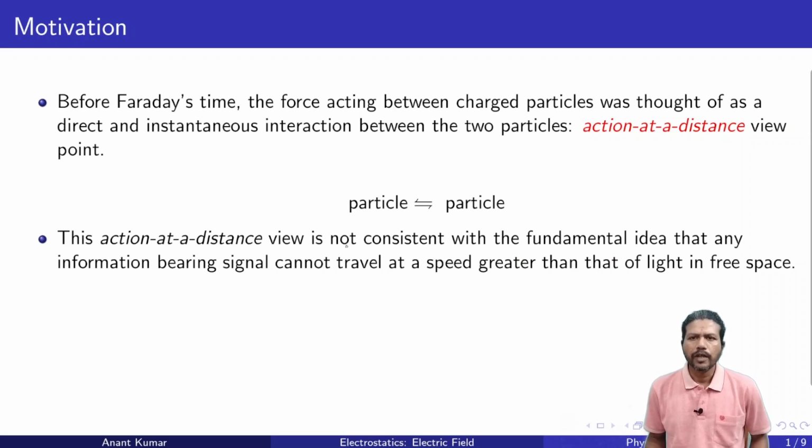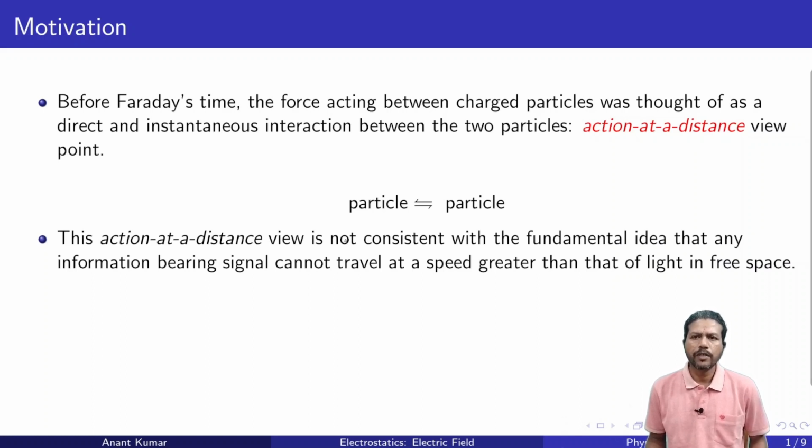Let's take an example with gravitation. Suppose, for example, that the sun vanishes. We know that the earth moves around the sun because of the gravitational force providing the necessary centripetal acceleration.